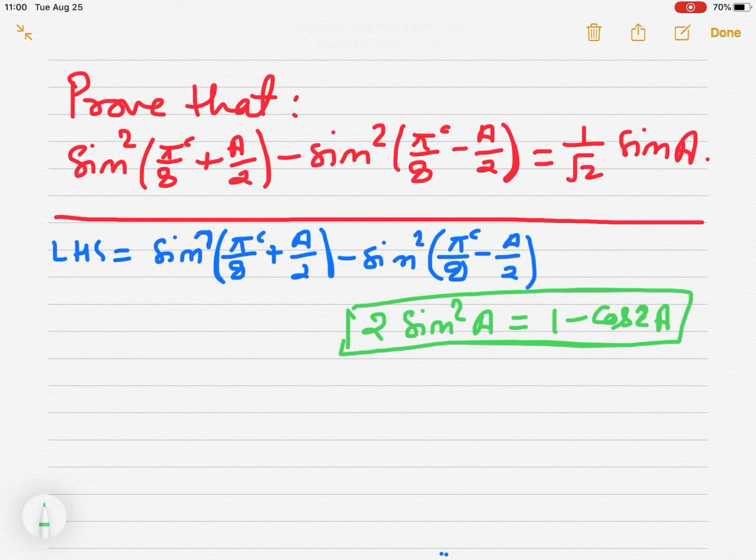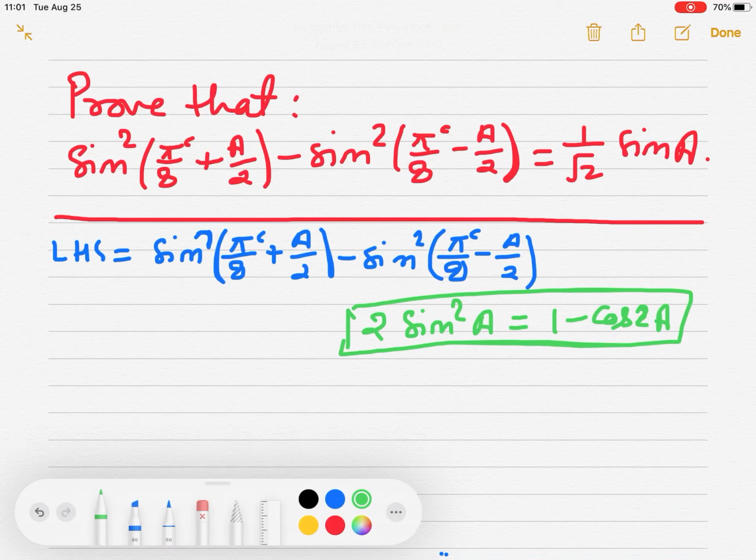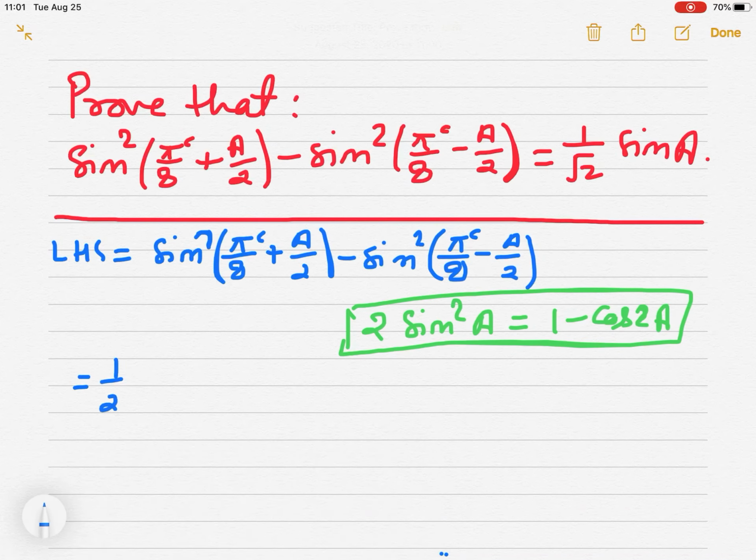This is not a square, this is 2A. 2 sin² A equals 1 minus cos 2A. This formula we can apply. To apply this formula here we need a 2 in front of sin² A. So what we can do here, let us write 1 by 2 like this.